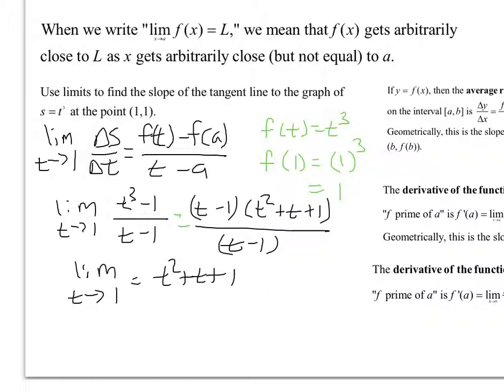As it's getting really close to 1, let's look at this: 1 squared plus 1 plus 1, well, that's 3. So there's your limit, 3. So anytime they're asking us to use limits to find the slope of the tangent line of the graph s equals t to the third at a point, we use this function.